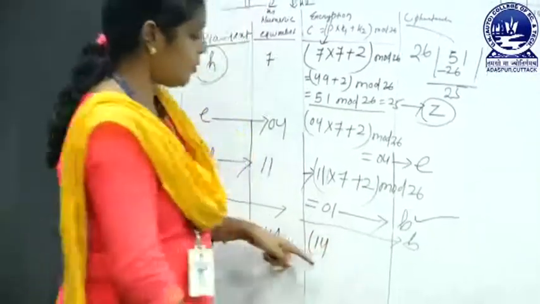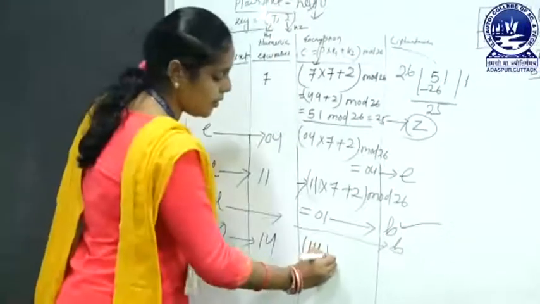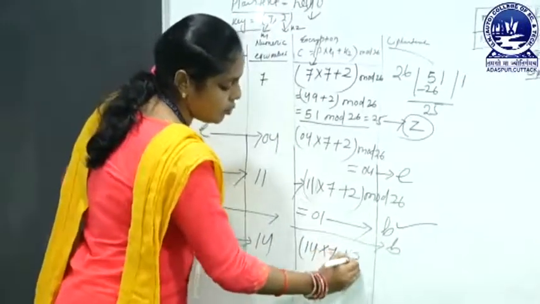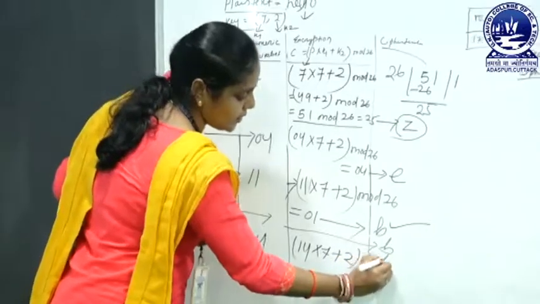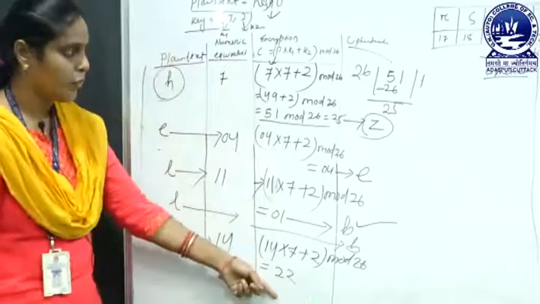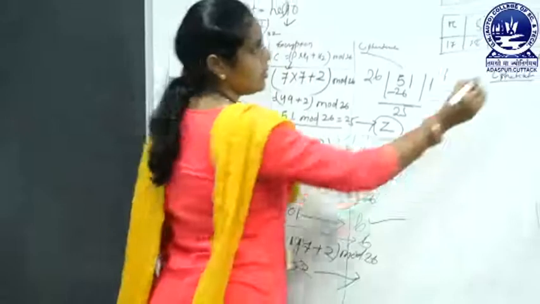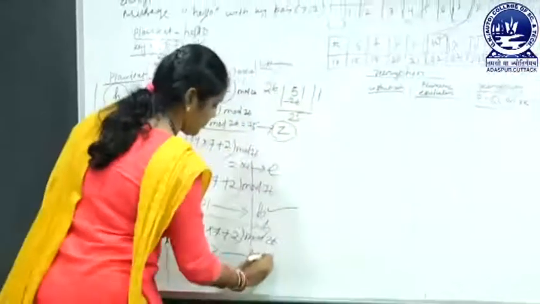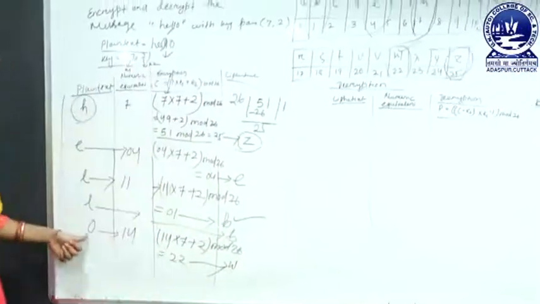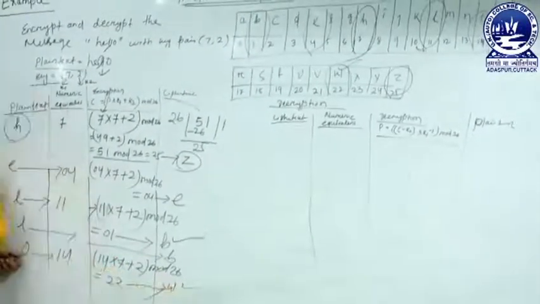That means you multiply 14 with the value K1, that is 7, then add 2 mod 26, which is equal to 22. Now for this 22, the alphabet is W. That means for plain text O, the ciphertext is W.